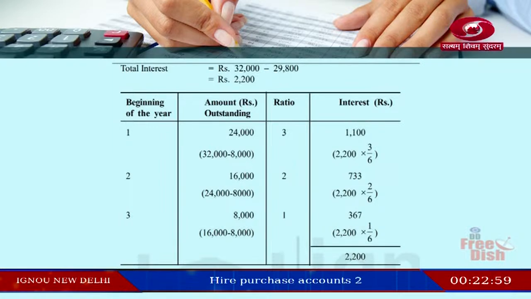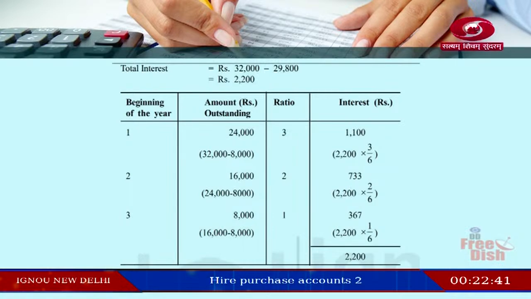Then at the end of the third year the outstanding amount is 8,000. In this 8,000 we can calculate the amount of interest included, that is 367, because the total amount was 2200 and the ratio is 1:6. So if we calculate it, it comes to rupees 367.